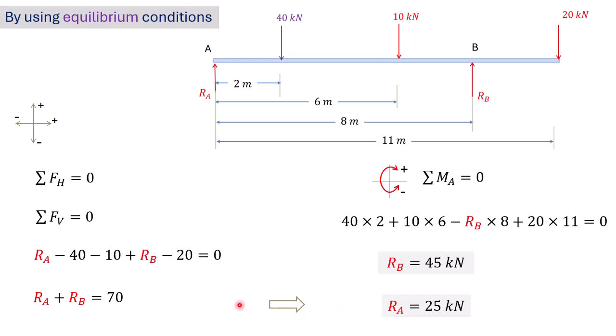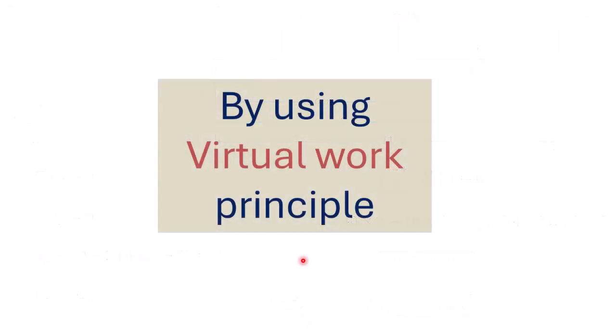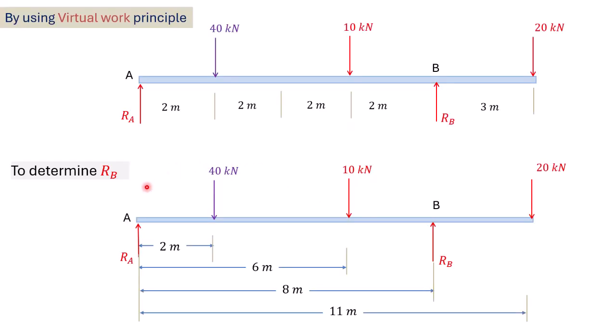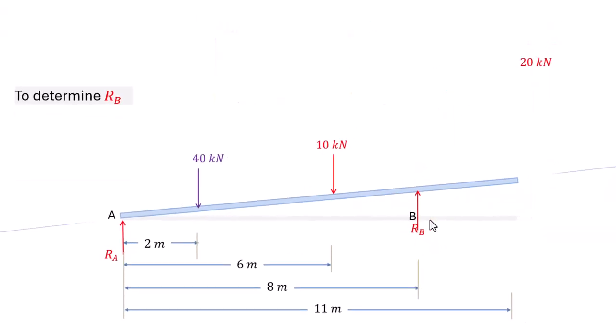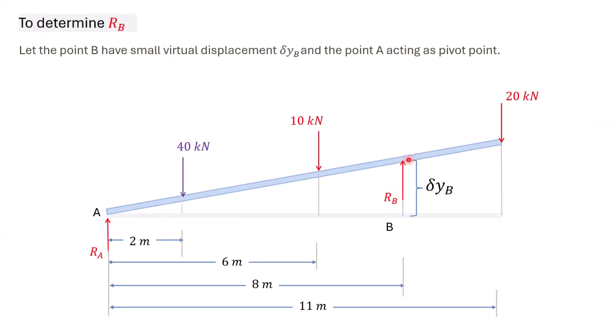Now we solve the problem by using the virtual work principle. First, draw the free body diagram of the beam. In order to determine the reactive force, first we need to apply a small virtual displacement at the point where the support reaction is to be calculated.